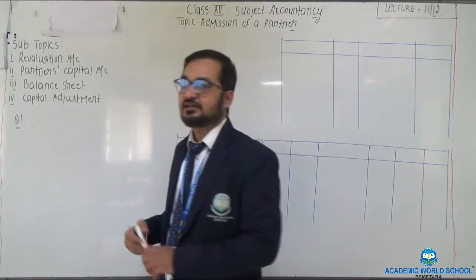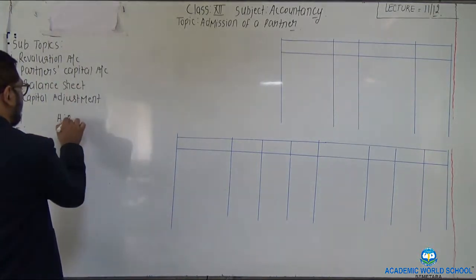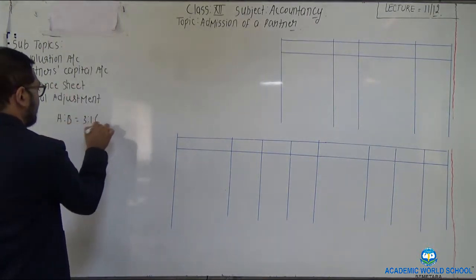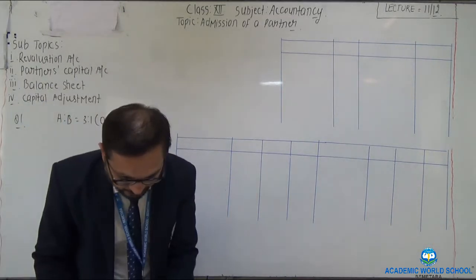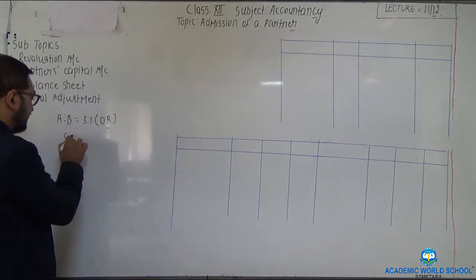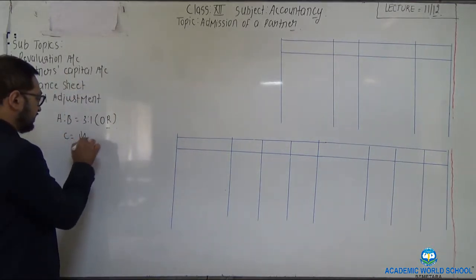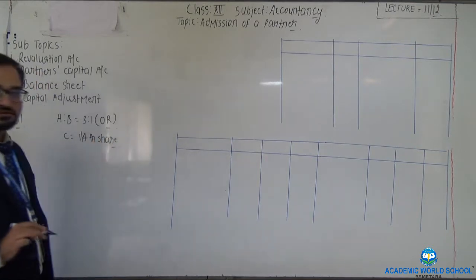So two partners are there in question 81, that is A and B. They are having profit sharing ratio as 3:1. C is going to be admitted, or C joins the firm for 1/4 share.